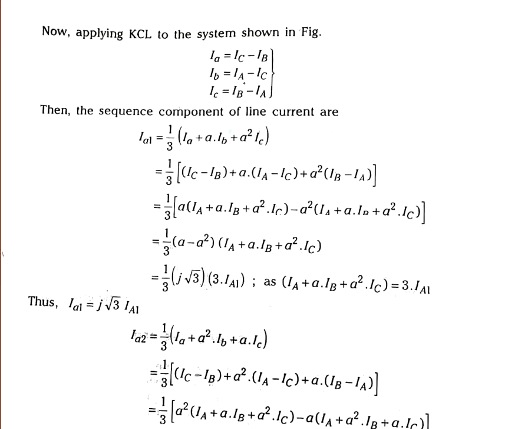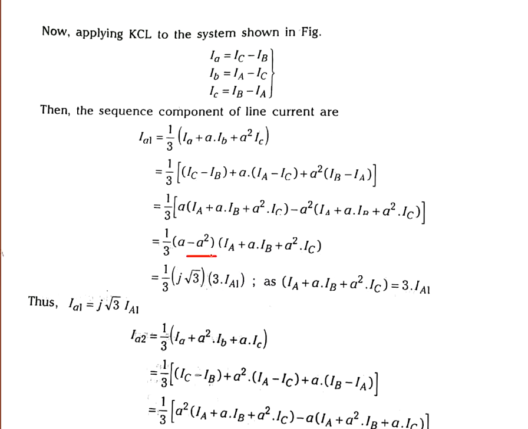Now what is IB? IA minus IC. What is IC? IB minus IA. Now substitute all this and simplify. Once you simplify, you will finally get A minus A square. A minus A square: we know 1 plus A plus A square equals 0.